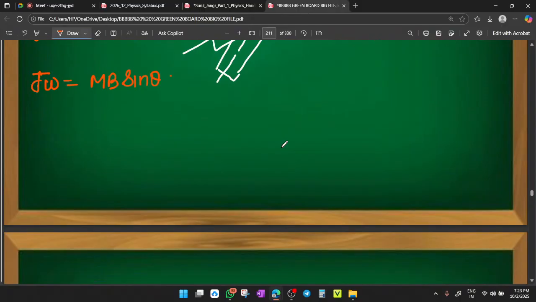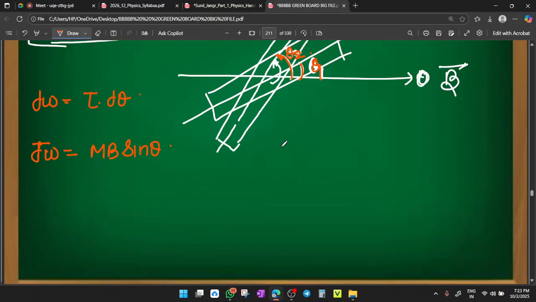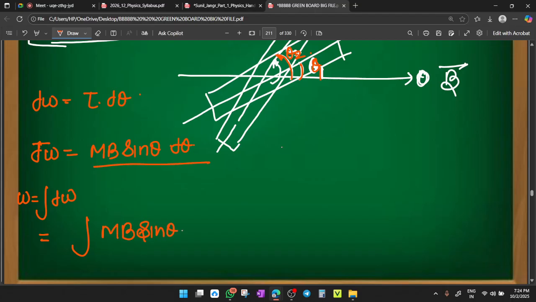So now dW equals mB sin theta into d theta. Now the complete work W is given by the integration of dW, as we continuously rotate this from theta 1 to theta 2. So place the value of dW here, that is mB sin theta d theta, with the limit of theta varying from theta 1 to theta 2. Clear?